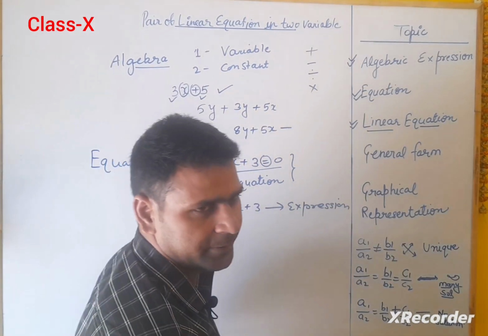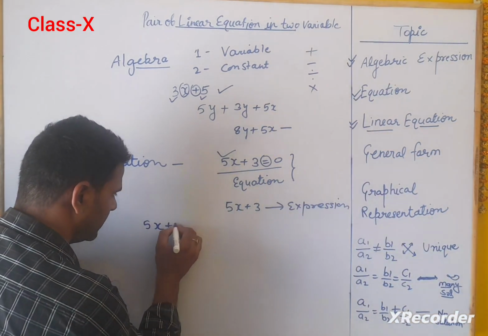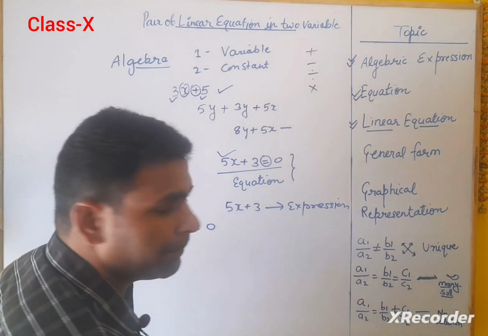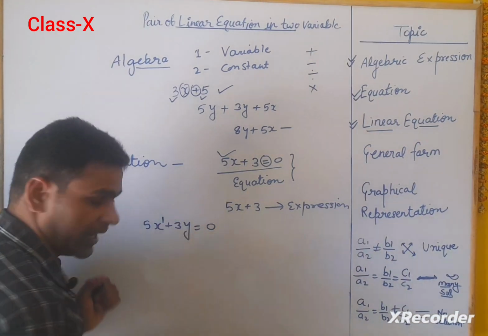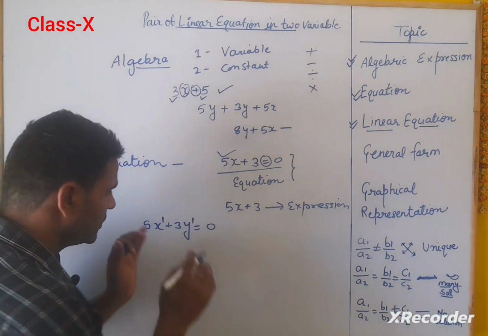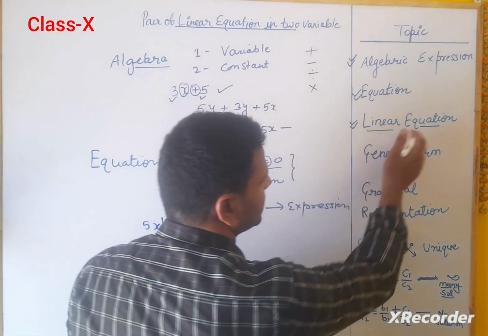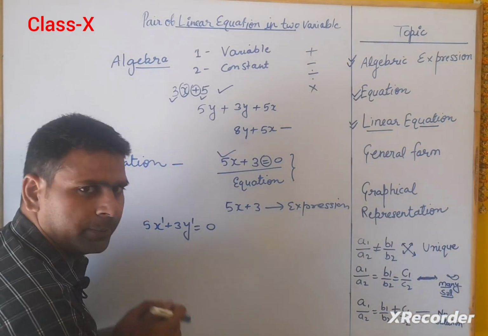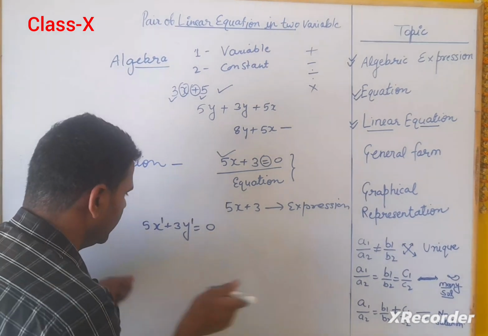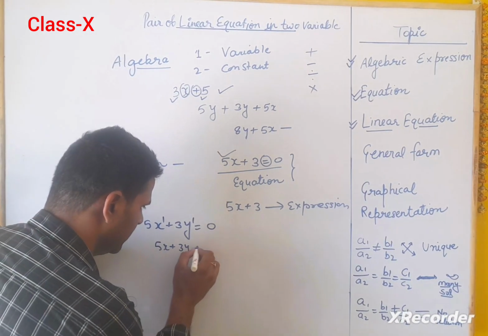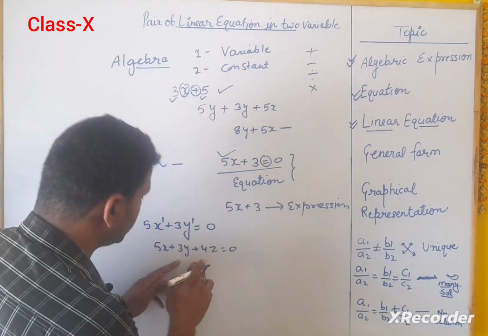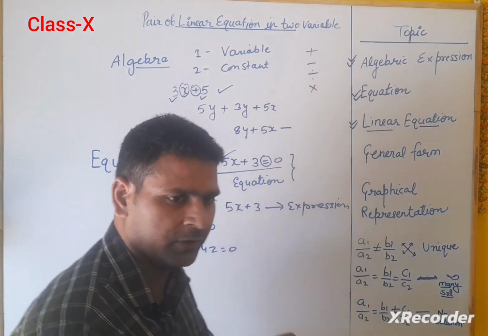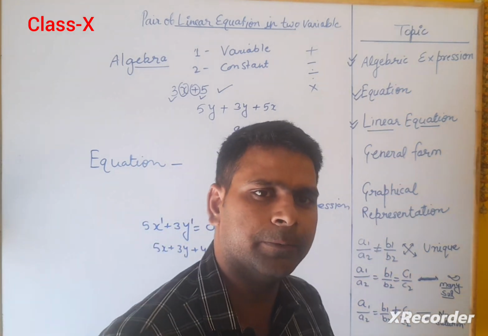If I have written 5x + 3y = 0, the maximum power of x is 1 and of y is 1, so we can say that it is a linear equation, in two variables. If I have written 5x + 3y + 4z = 0, that is a linear equation in three variables. So the number of variables can be one, two or three.